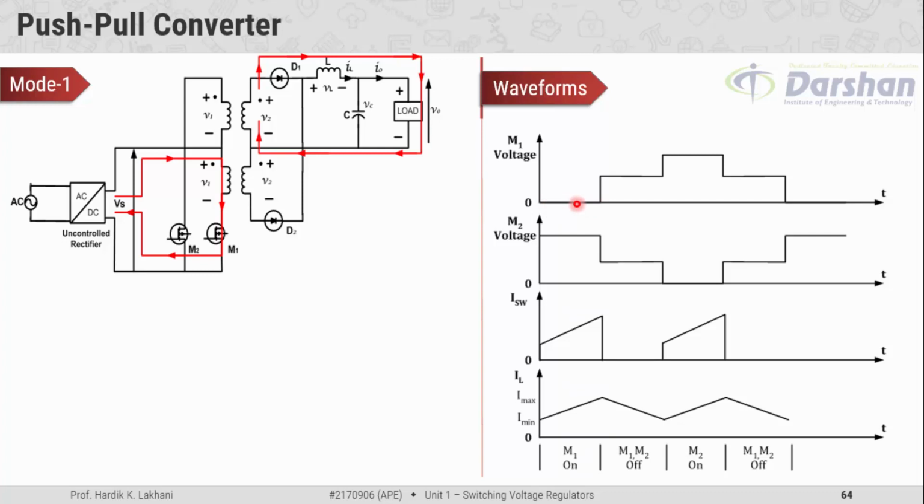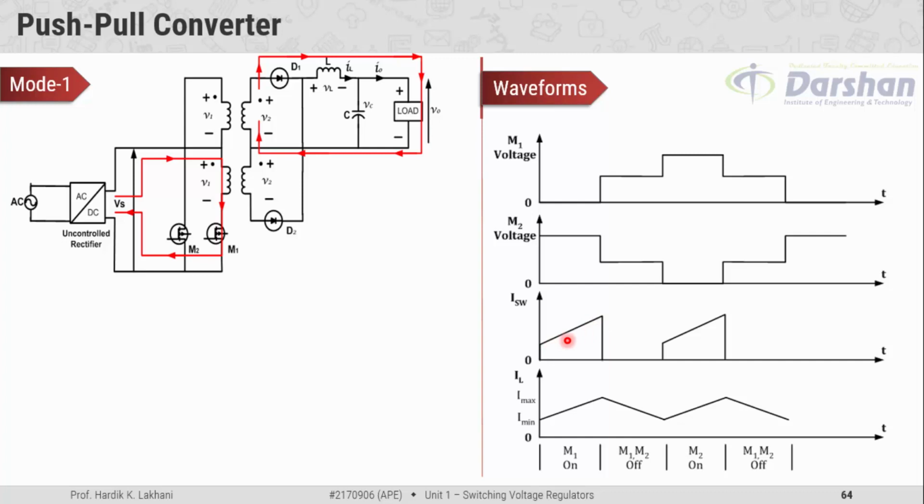The reason is that it is in the on state, so it can be thought of as a short circuit element. At the same moment, the voltage across MOSFET 2 is equal to twice the supply voltage. The reason is that the supply voltage and the voltage across the upper primary winding, these two voltages, appear across this MOSFET 2.